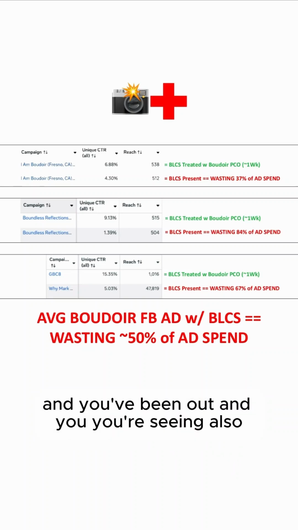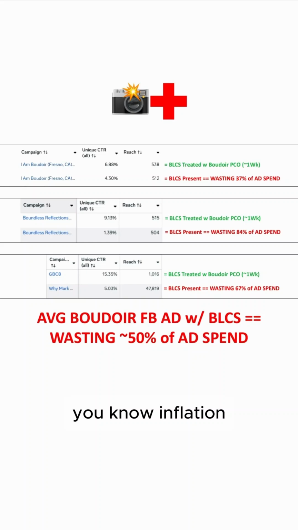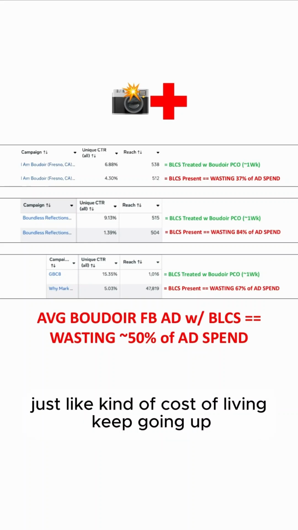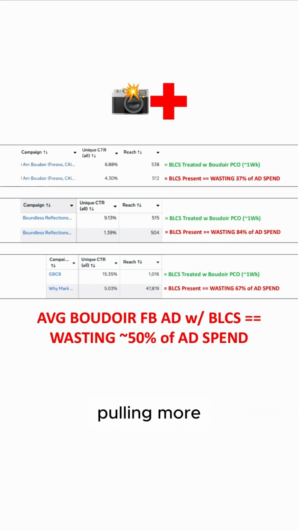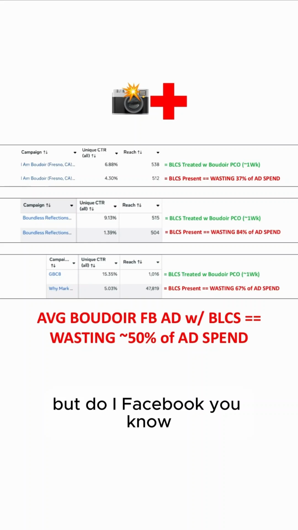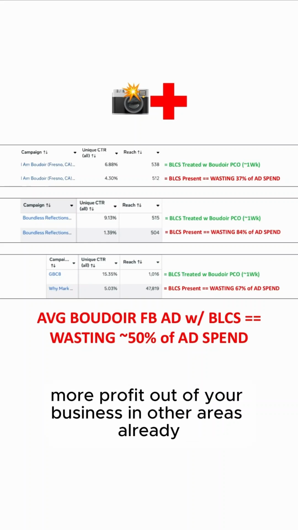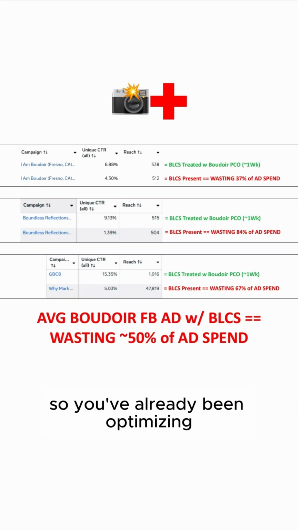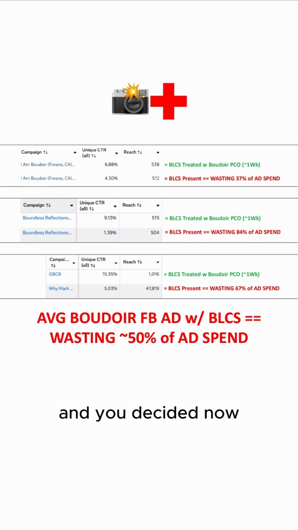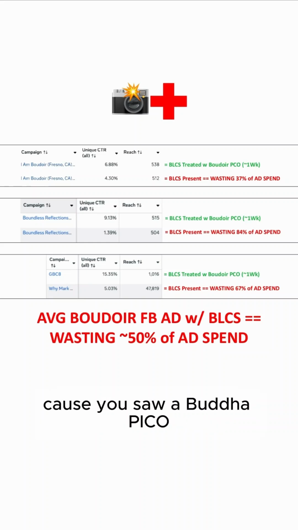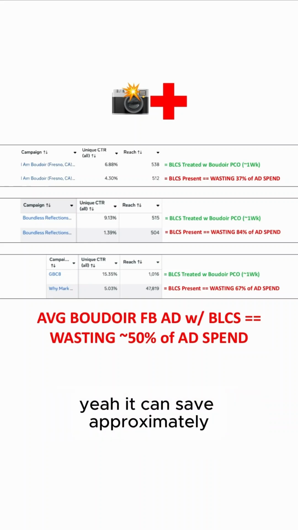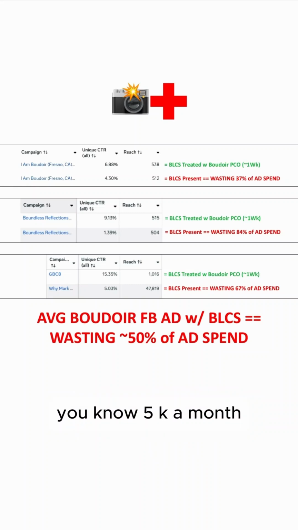And you're also seeing inflation, the cost of living, keep going up, going up, going up. And you've been optimizing, pulling more profit out of your business in other areas already. And you decide now you're finally ready to optimize the Boudoir Facebook ad side of your business because you saw with Boudoir Pico, yeah, it can save approximately 5K a month.